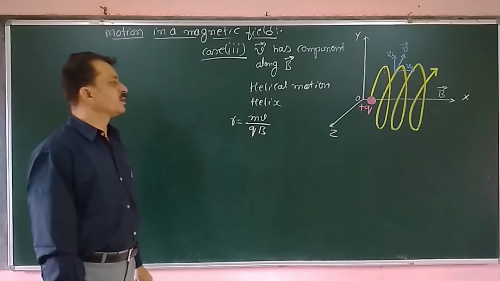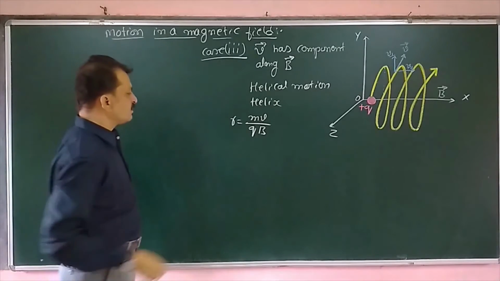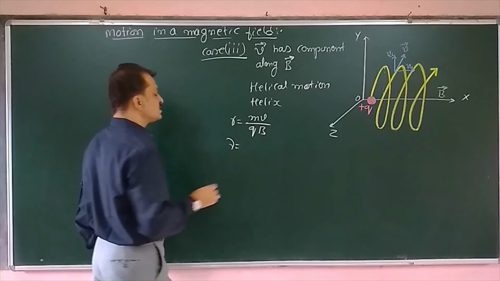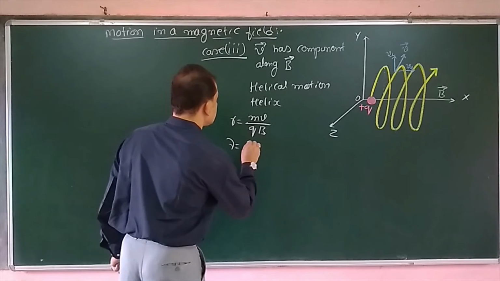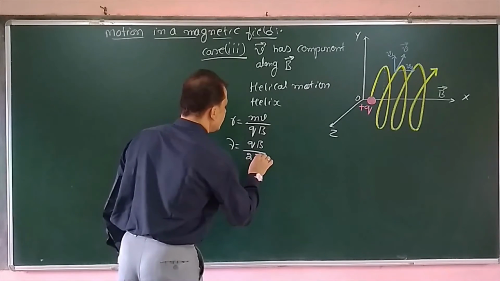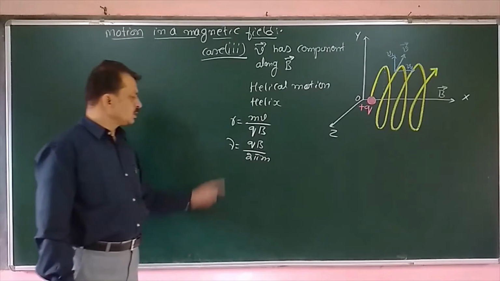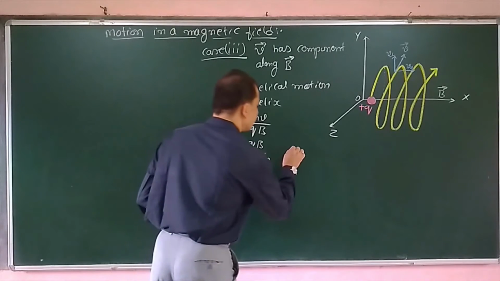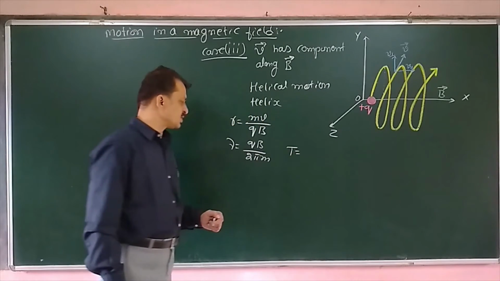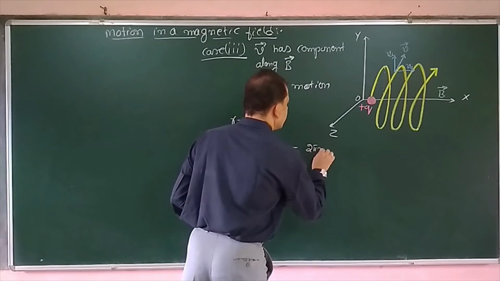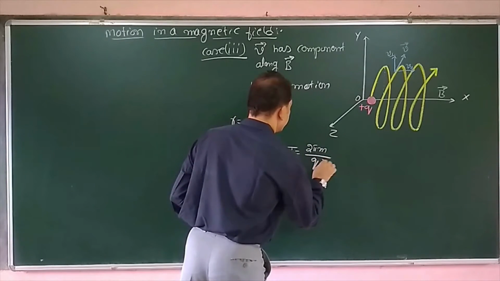And we have also studied in the previous derivation that the frequency is qB divided by 2 pi m. From this frequency, the time period of revolution, which we also derived in the previous session, is 2 pi m divided by qB.